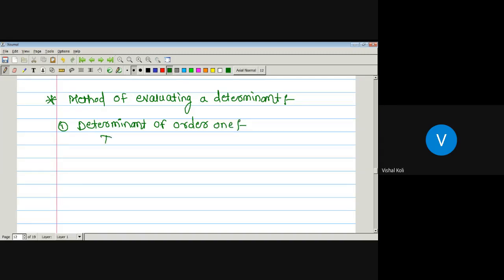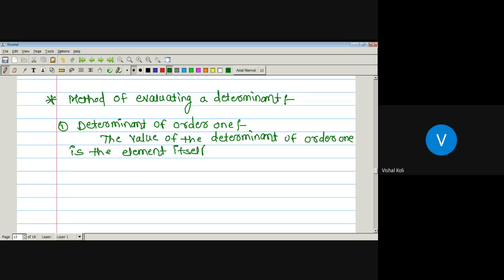The value of the determinant of order 1 is the element itself. Okay, that is determinant of A1 is equal to A1 itself.